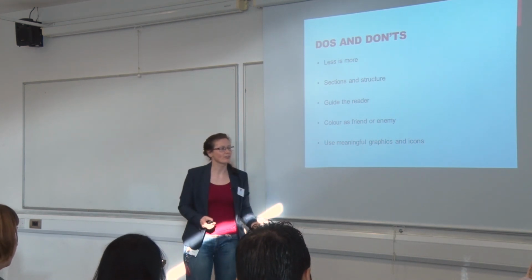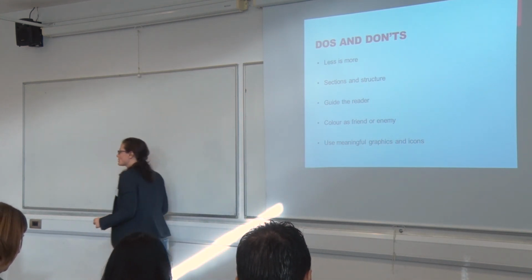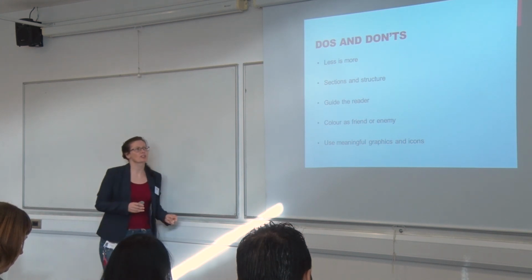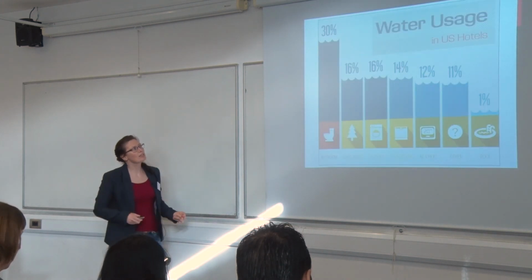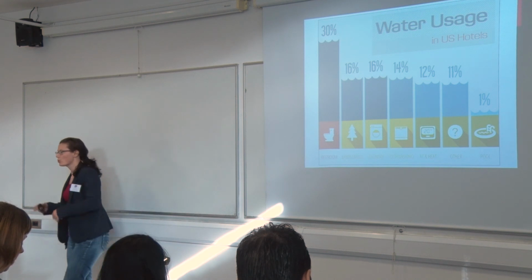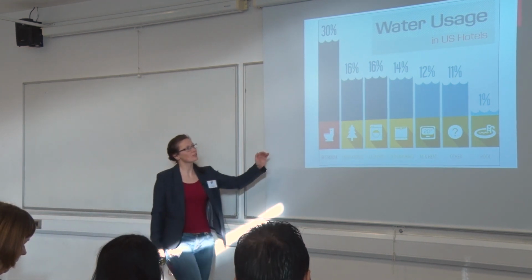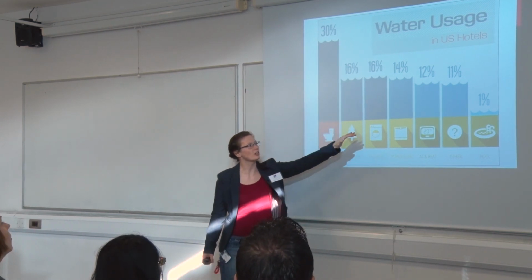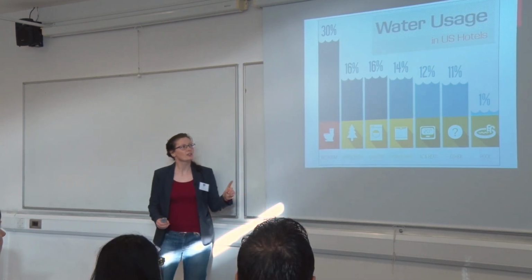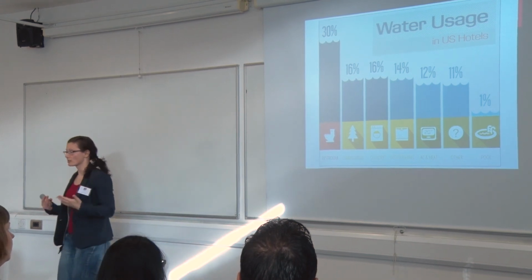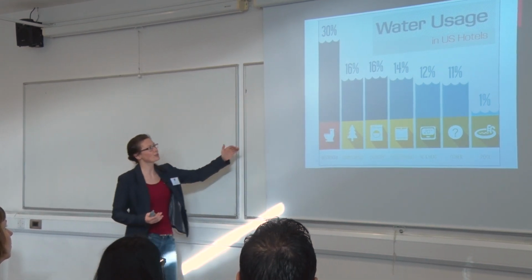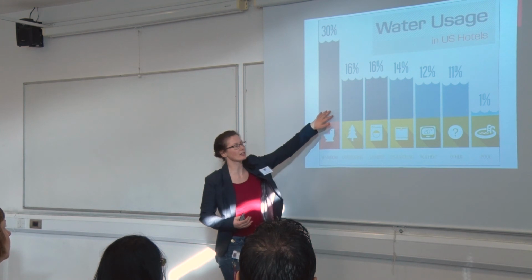Use meaningful graphics and icons. Throughout the graphs I showed you, there were a couple of good examples, but one I really like is this one. It's the water usage in US hotels. And instead of choosing a normal bar chart, they have chosen to put the bars in watercolors. And the higher the percentage, the deeper the water, the darker the color.